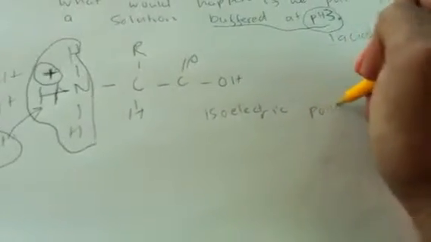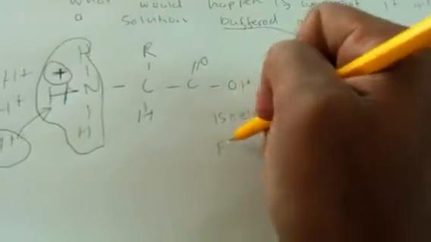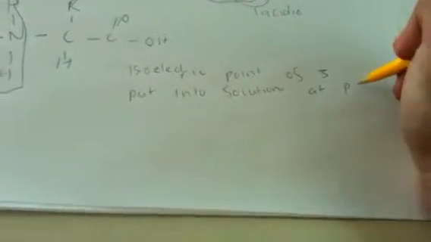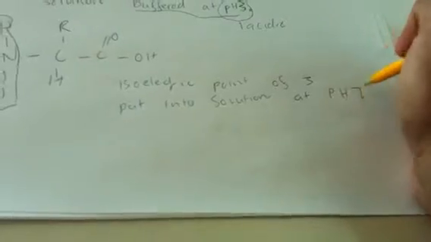Now, let's reverse the situation. Let's say that amino acid has an isoelectric point of 3, and it's put into a solution at pH 7.